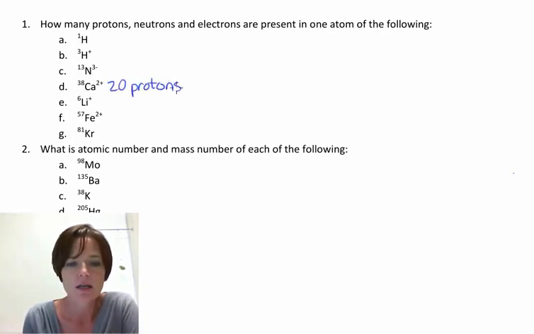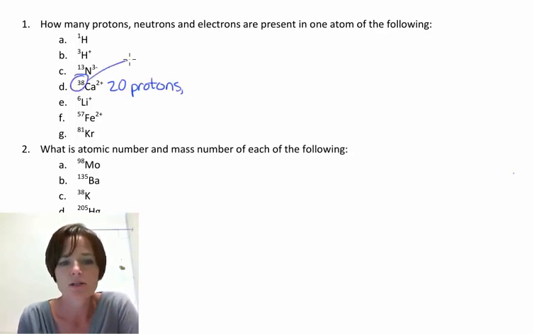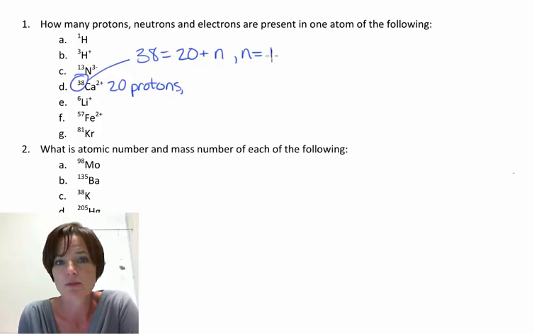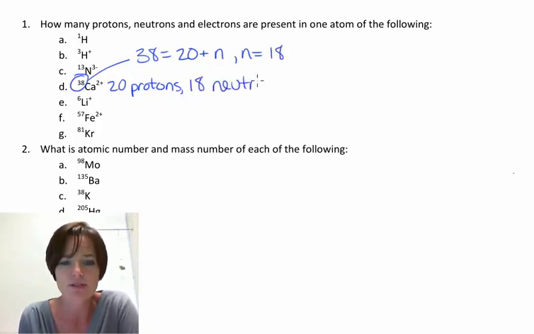So we know that. If we want to figure out the number of neutrons, we're going to look at the mass number here. So we know that the mass number 38 is going to be equal to the number of protons, which we know is 20, plus the number of neutrons. So solve for n. If you do that, n is going to be equal to 18. So we know we have 18 neutrons.